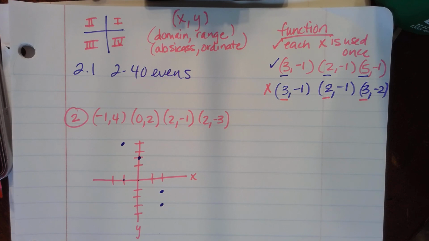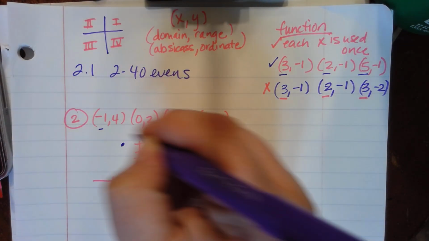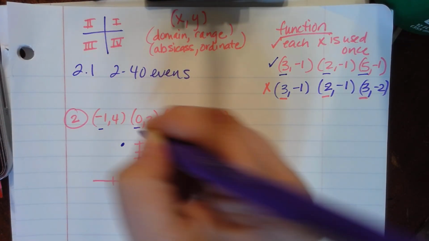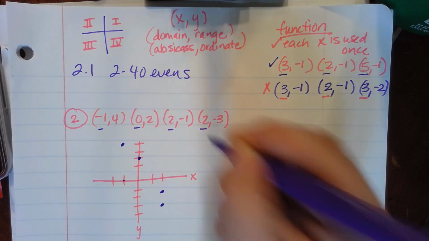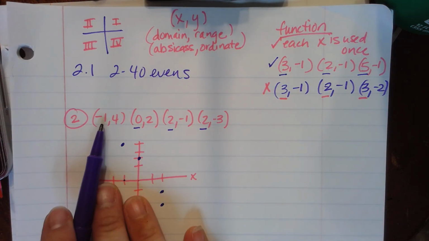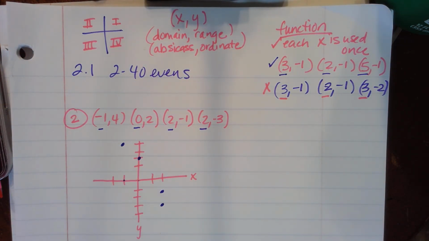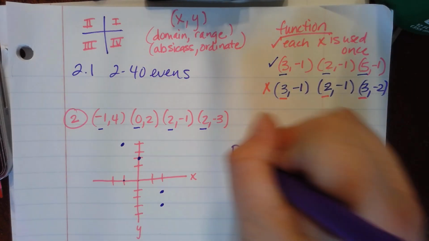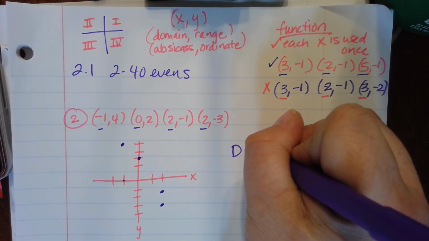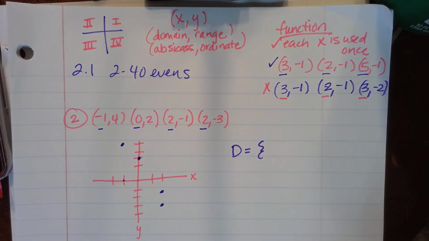The other part of what they wanted was for us to list the domain and the range. Now when we do this, it has to be in order, least to greatest. So here are my domains. I've got a -1, a 0, a 2, and a 2. All right, so basically I have -1, 0, 2. So I will write domain is equal to, now I do this fancy little squiggly, and I'm going to list them least to greatest.